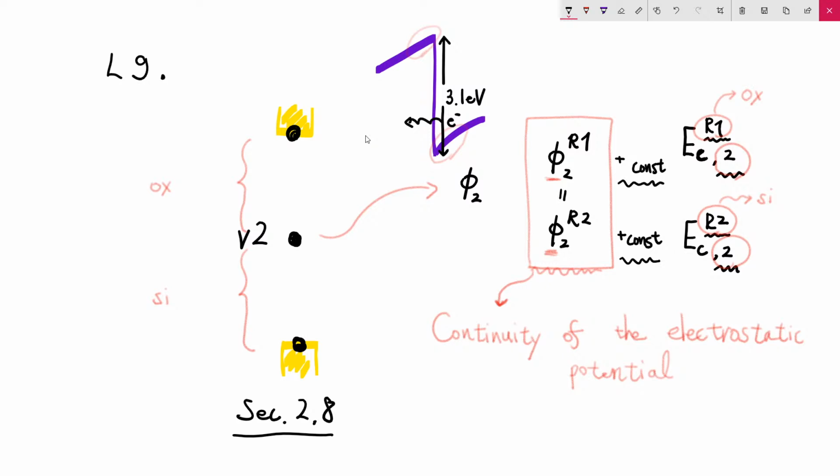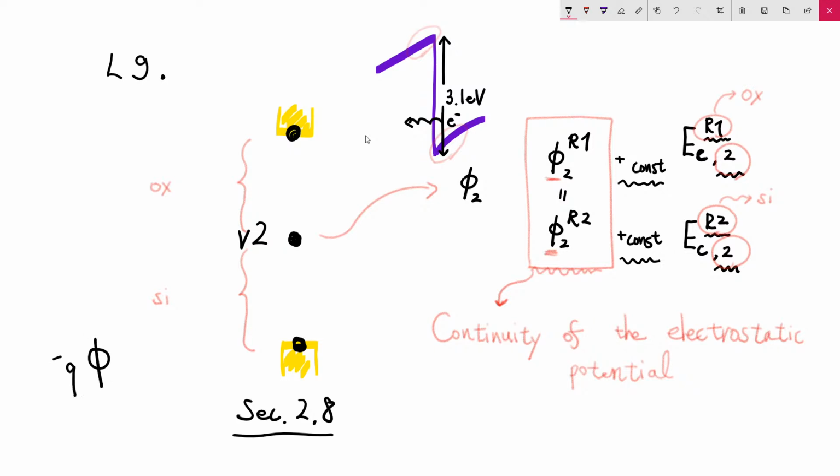However, in this TCAD device simulation, we intentionally define the electrostatic potential as the quantity referring to the intrinsic level of the material.